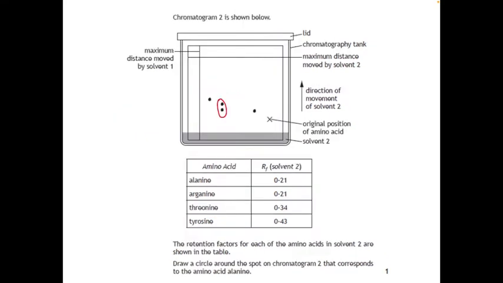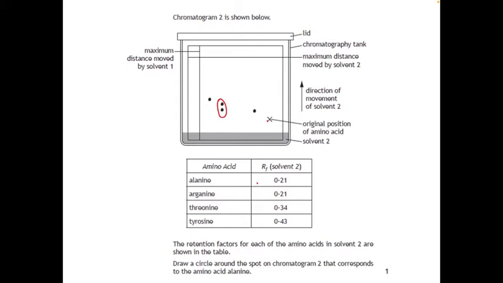So it's going to be one of these 2 here. However, they now have different RF values when you had started from here. So what we're going to have to do is basically work out which one it would be.